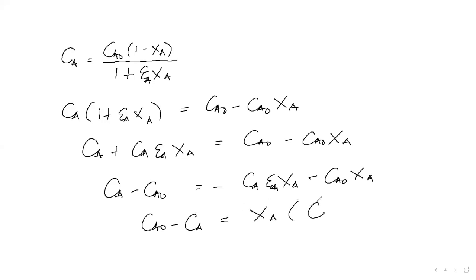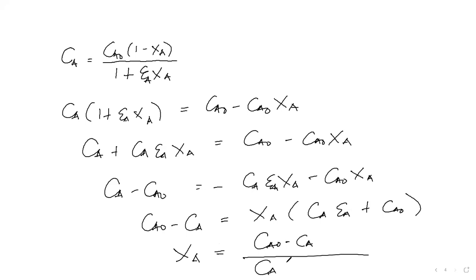Then I will have Ca epsilon A plus CaO. Now I have a formula that will determine XA. So XA is equal to CaO minus Ca all over Ca epsilon A plus CaO.